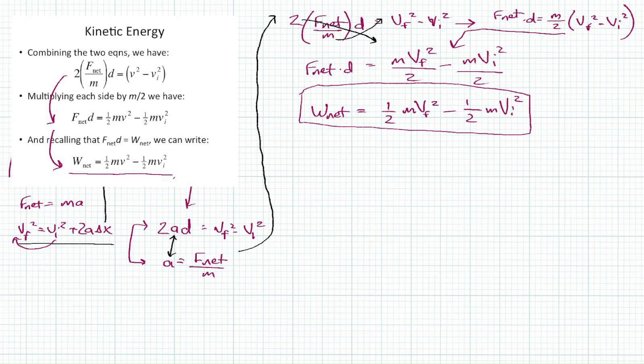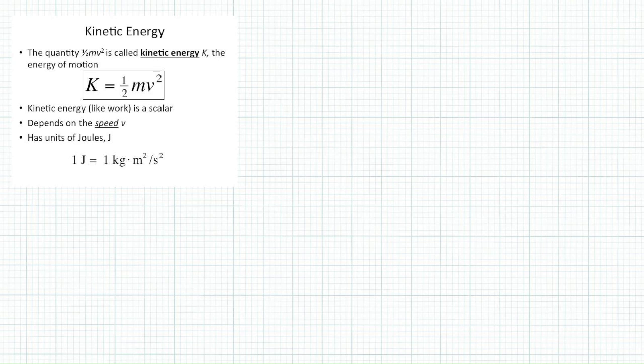The 1/2 mv squared is an equation for what we call kinetic energy. That's this right here. Kinetic energy is defined as 1/2 mv squared. And you can see how it's very closely related to work.